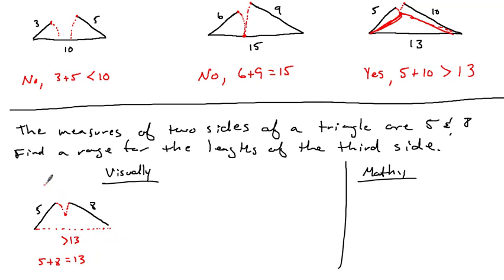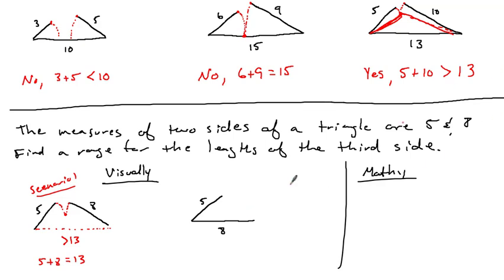But this is just scenario 1. Okay? And this is the one most people go to. But there is another scenario for this. What if the 8 was the longest side? And then we had our 5.